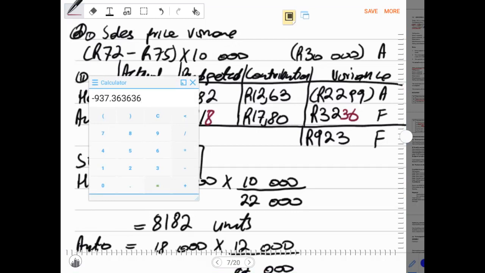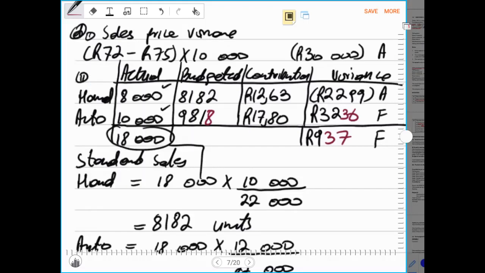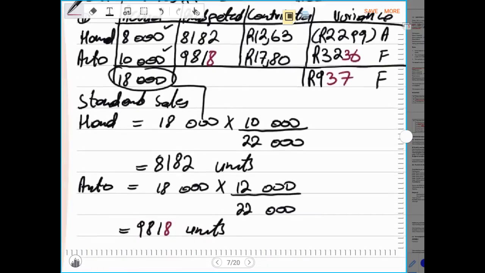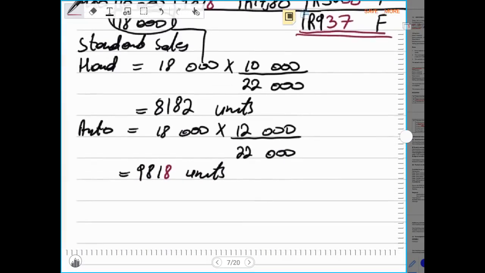It gives us 937. Then that will be our variance. Obviously, rounding off might make some small difference. So now this will be 937. Then now we have calculated the variance that was required, which is variance number 2.